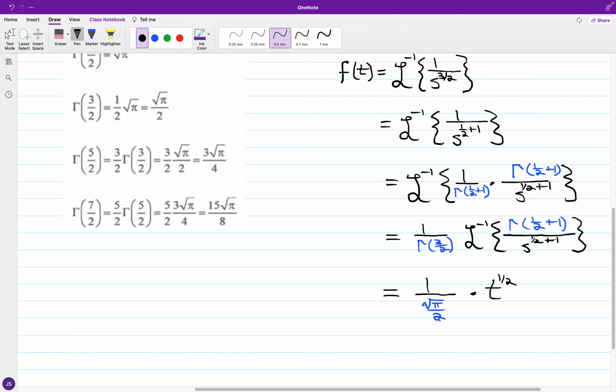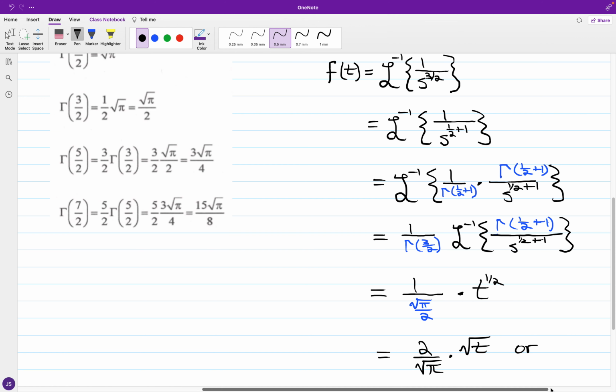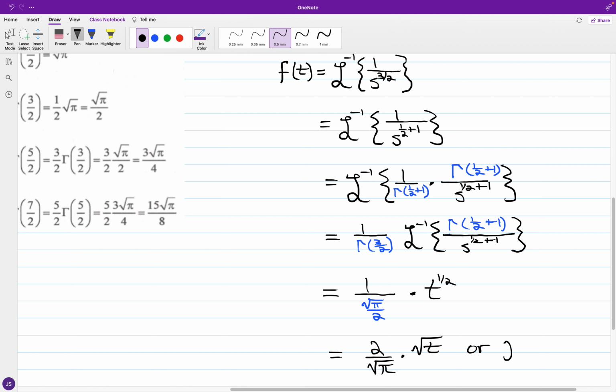And consolidating, 1 over the square root of pi over 2, I'm just going to take the reciprocal. So I have 2 over the square root of pi times t to the 1/2, or we say times the square root of t, and you can consolidate, saying we have 2 times the square root of t all over pi.